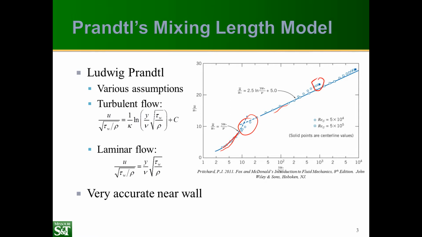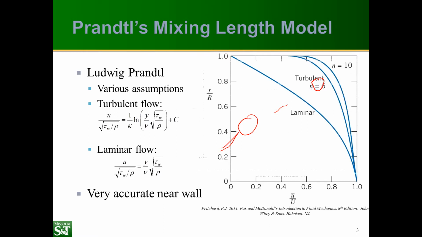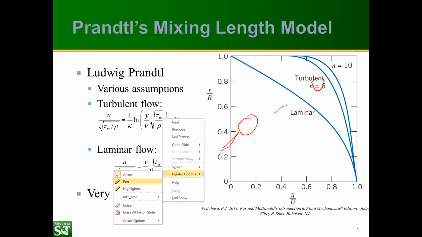At the channel center, we have a symmetry condition, which means the gradient has to be 0. But the mixing length model doesn't allow us to predict that. So there are some uncertainties in those two regions. Now, we sometimes use the 1/7 law, or 1/7 power law, as an approximation to the velocity profile.